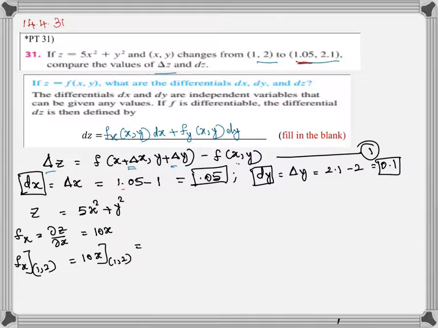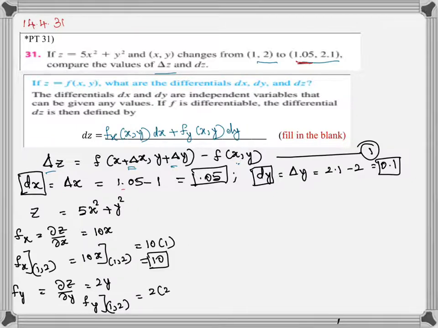So x is 1, so it is 10 times 1, which equals 10. So the partial derivative of f with respect to x at (1, 2) is 10. In the same way, the partial derivative of f with respect to y, keeping x constant, gives us 2y. Evaluate that at (1, 2), which is 2 times 2, equal to 4.